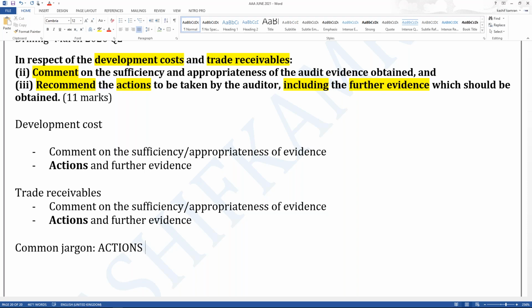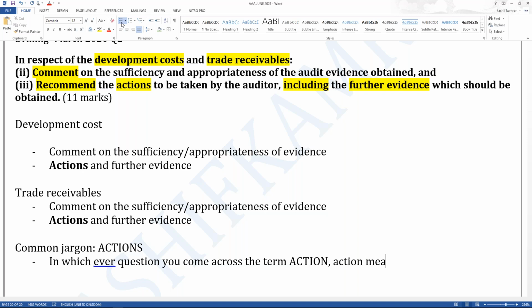A lot of times the students are unaware of what the purpose of action is and how to write it. Many times when you do a 100 marks paper for AAA, you come across the word actions. Try to understand it once and for all.